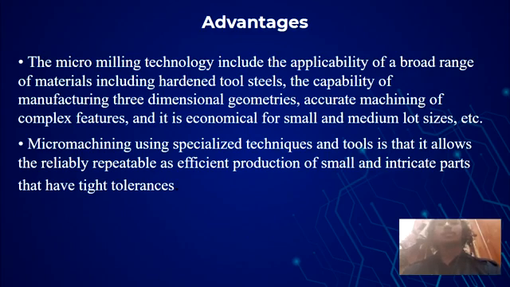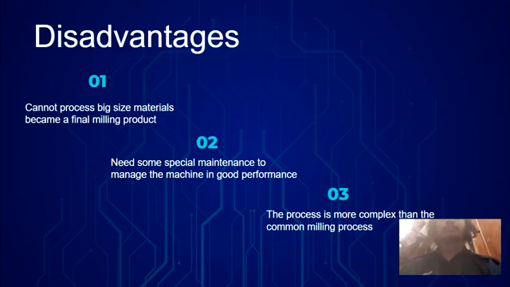So micromilling has a good advantage for small and medium size materials that need higher precision and detail. The disadvantage of micromilling is that it cannot process big size material into a final milling product, because it is focused on small and medium size materials.